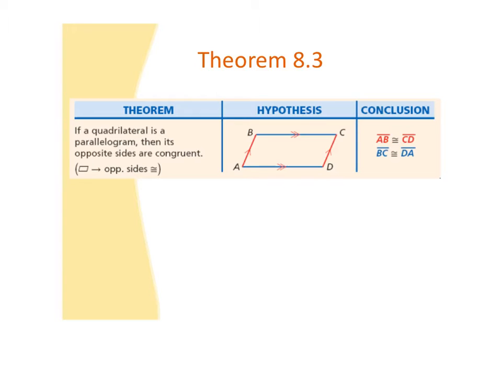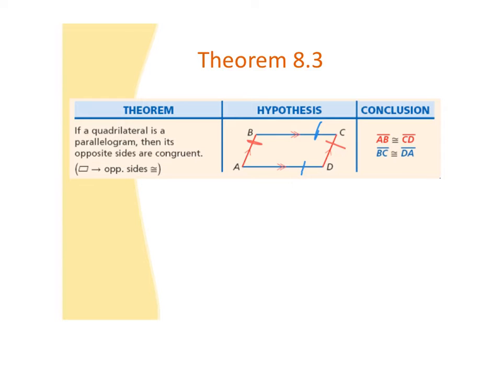So here in this figure, we could say that side BC is congruent to AD, and that AB is congruent to CD. So if opposite sides are parallel, both pairs, then it's a parallelogram, and opposite sides are congruent. Okay, we're going to use this fact to find side lengths. So this is a property of a parallelogram.